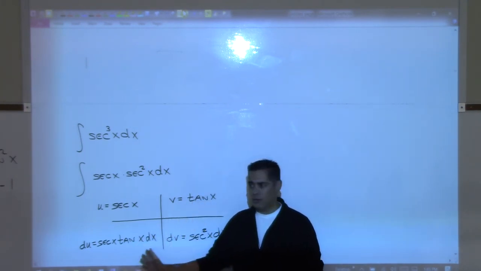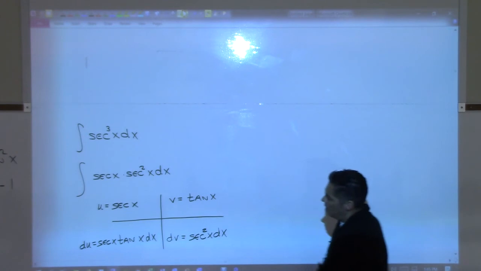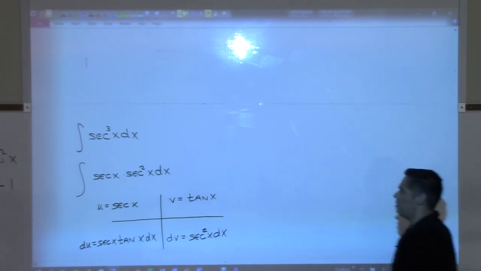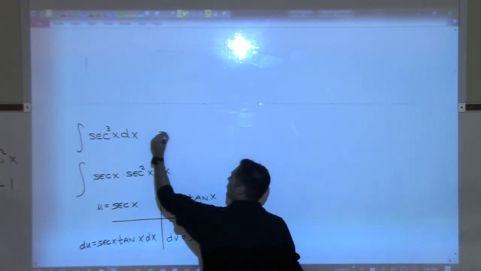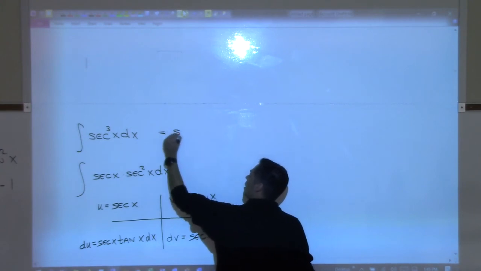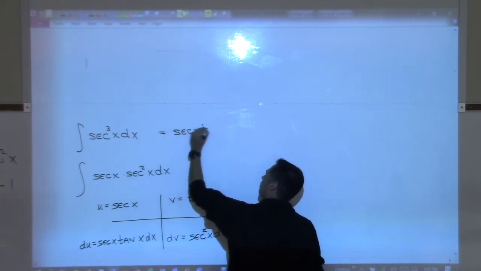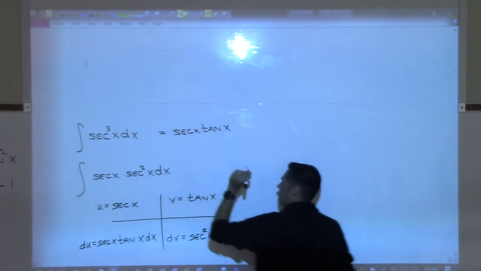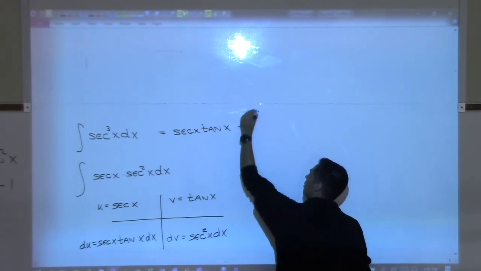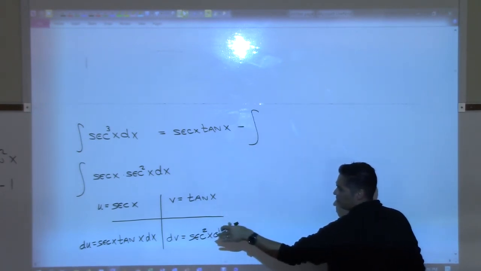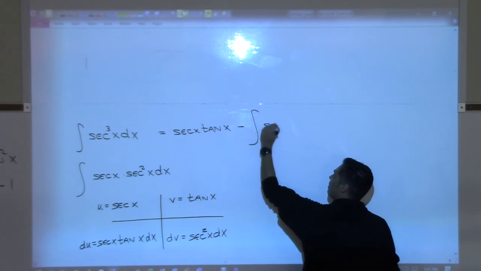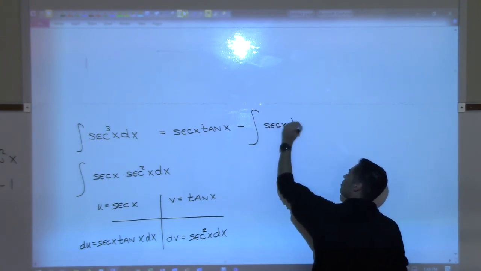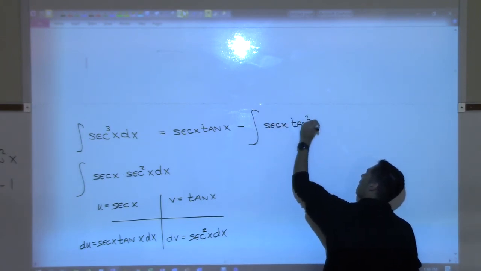That's what I'm thinking. And I'm not sure yet. So here's where we are. We've got secant x tangent x, that's ultraviolet, right? Minus integral, then voodoo. So can I write it this way? Secant x tan squared x dx.